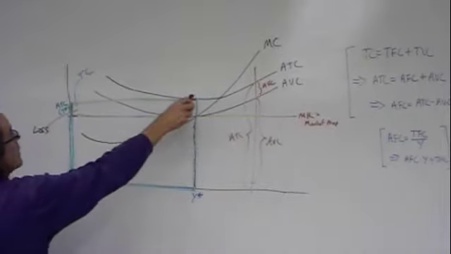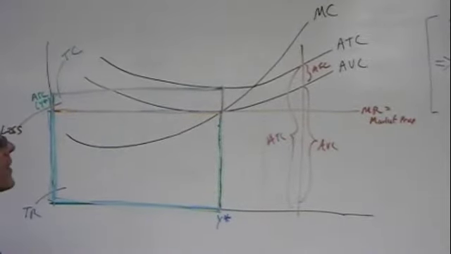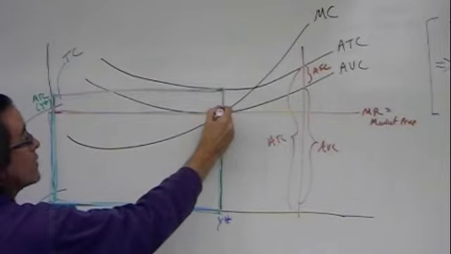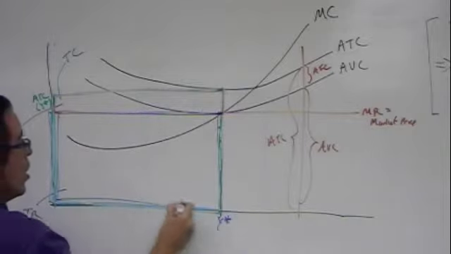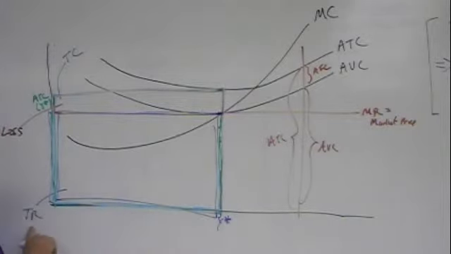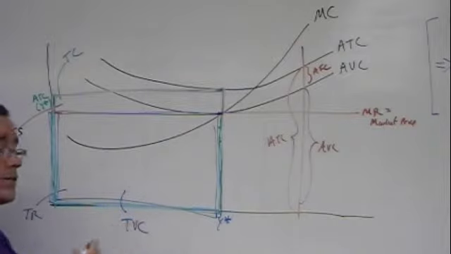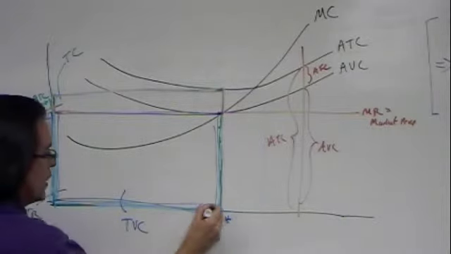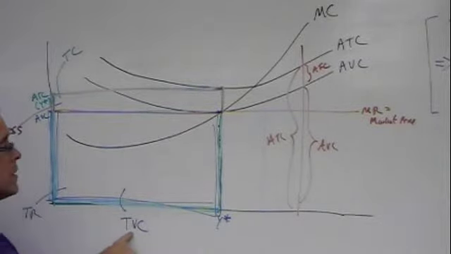We have our total cost box, and it just so happens that if we look at the average variable cost for this level of output, this box, while it was also the total revenue, is also the total variable cost. Average variable cost times the output gives us the total variable cost.